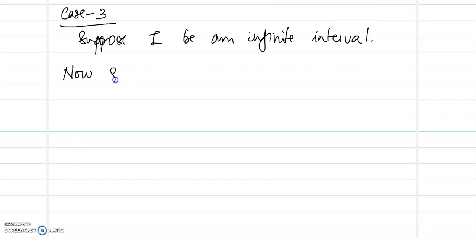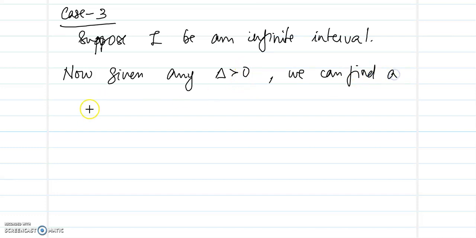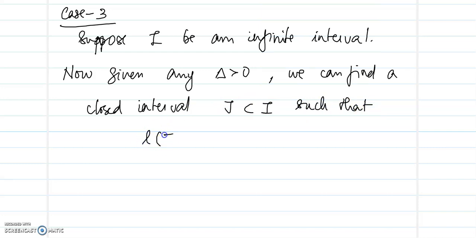Now if you are given any delta greater than 0, then we can always find a closed interval J, which is contained in I, such that length of J is equal to delta.